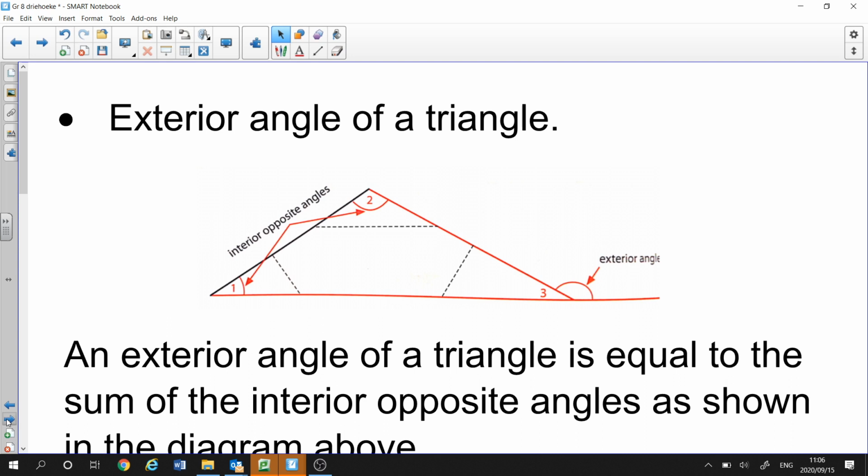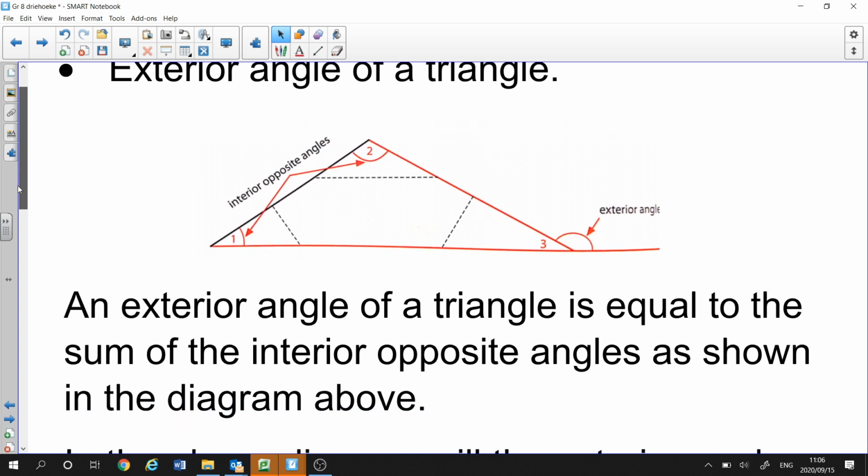Once we get to the exterior angle of a triangle, every angle in a triangle can have an exterior angle, like in the diagram shown. An exterior angle of a triangle is equal to the sum, remember what sum is, you add them together, of the interior opposite angles as shown in the diagram.